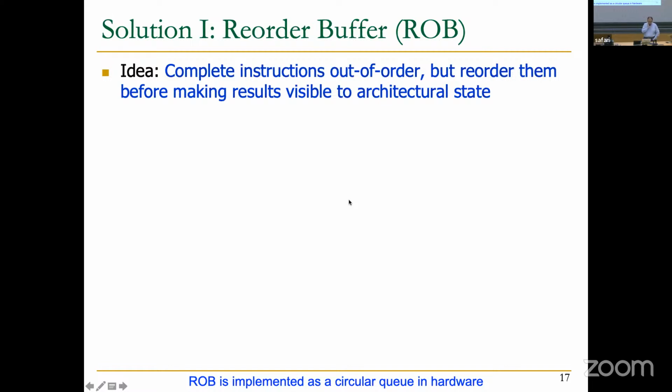The idea is that we complete instructions out of order, meaning we execute instructions out of order, but we reorder them before making results visible to the architectural state. Before committing the instructions, they should be reordered and committed in the sequential order of the program semantics. That's the job of the reorder buffer.